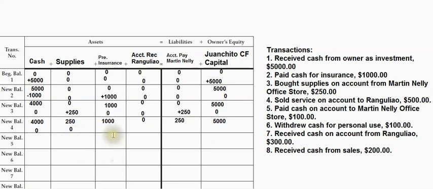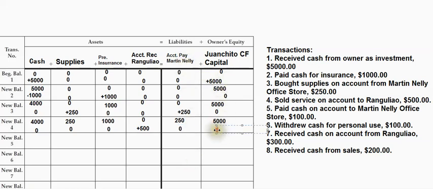Prepaid insurance has nothing to do with this. Account receivable 让股料. In this case, I own a debt from 让股料. I own debt. That means that he owes me money. This is a debt in favor of me. And account payable Martinelli is 0. It is intact.